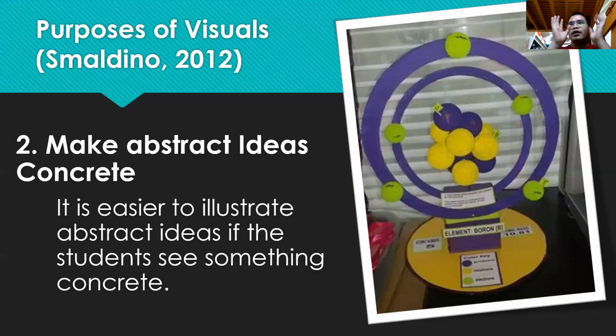Even without seeing an actual atom, dahil di naman talaga natin makikita yan using our naked eye, a model or a visual media can represent this abstract idea, so that we'll not only depend on the words that we read, but there are pictures that would show us how an atom looks like. Okay? So it's important that you know that, because when you're teaching, you have to have a representation of what you're teaching them.